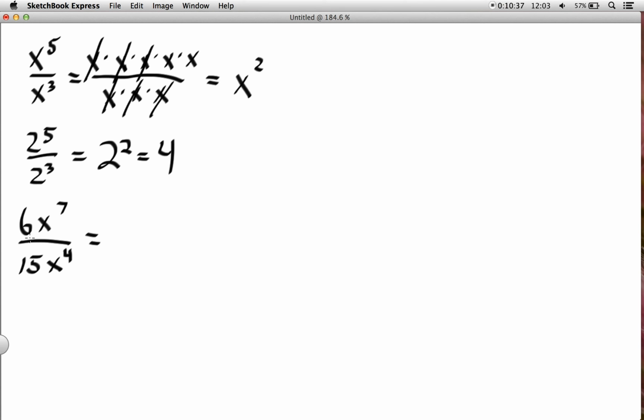So first we do 6 divided by 15, which we can simplify to 2 over 5, basically just simplifying that fraction. But now let's extend this fraction bar out, because now we're going to include the x's, simplifying. X squared over x to the 4th. So that's x to the 7th over x to the 4th. So that's x to the 7 minus 4, which is x cubed.